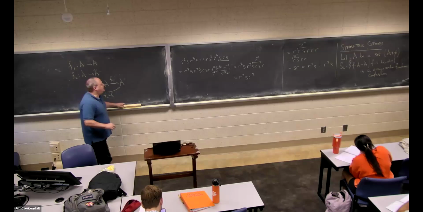We worked this out with the set A, and I call this group S3. Do you remember how many bijections there were? There were 6 of them, and it was annoying to write down because I had to write out 6.